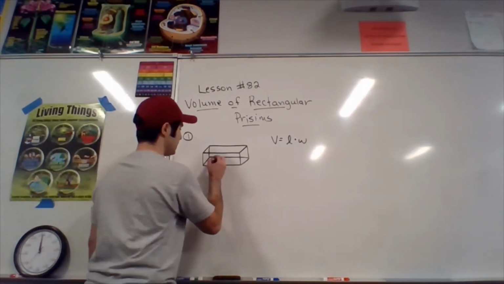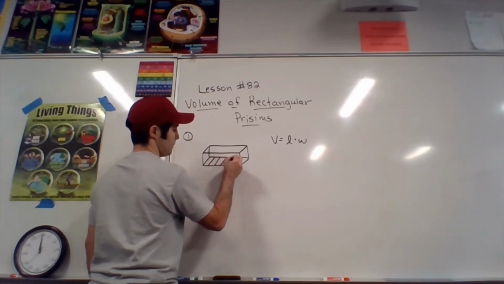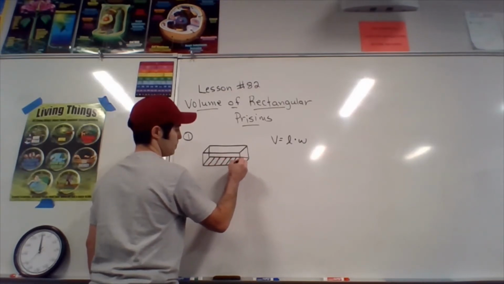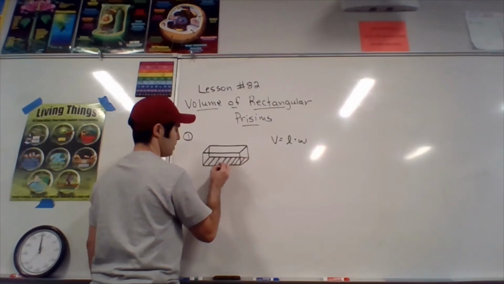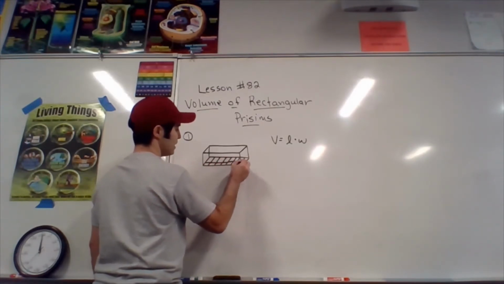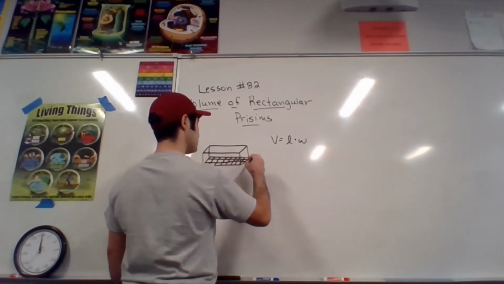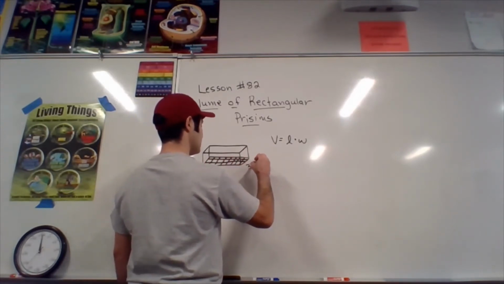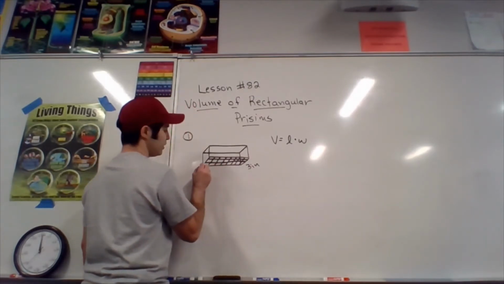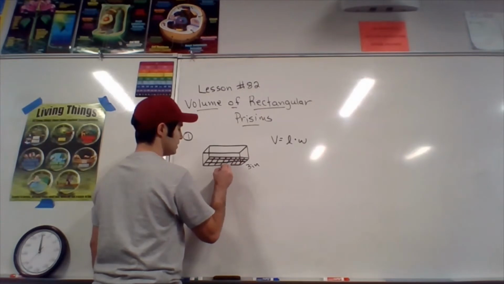The base meaning this right here. Okay, this is the bottom right there. And then let's say the width is 3 inches, and the length, 1, 2, 3, 4, 5, 6, 7, is 8 inches.